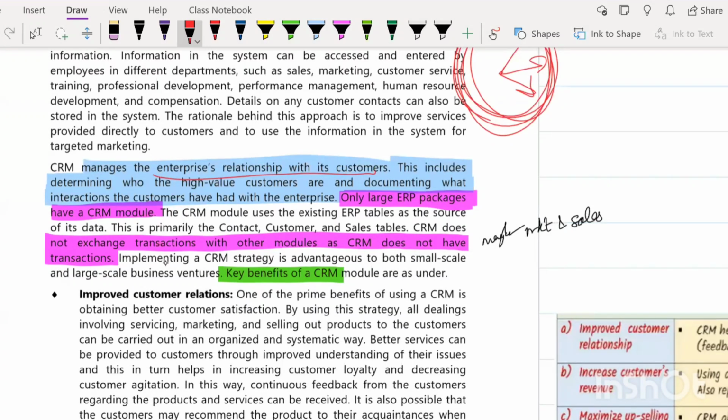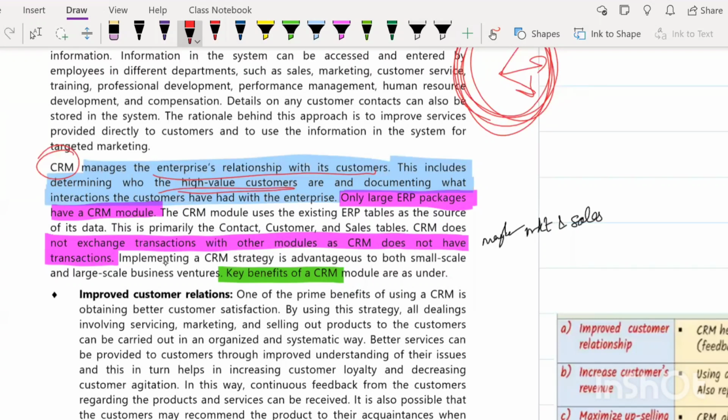It also helps you determine high value customers. High value customers may be in two senses. One, those customers who buy your premium goods, or second, even though the customers are not buying premium goods, they are very consistent or loyal customers. So these are both high value customers for an organization, correct?